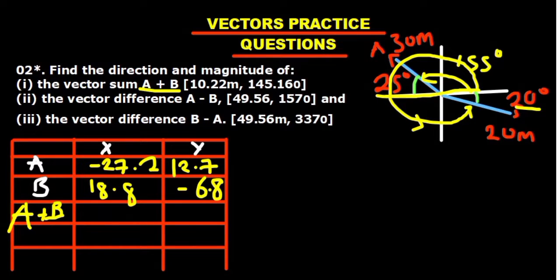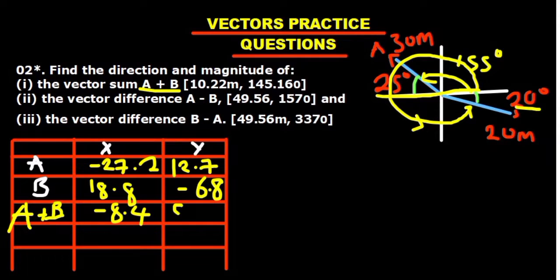So negative 27.2 to start with, the x components, plus 18.8. We have negative 8.4. For the y as well, we do the same. 12.7 plus negative 6.8, we have 5.9.